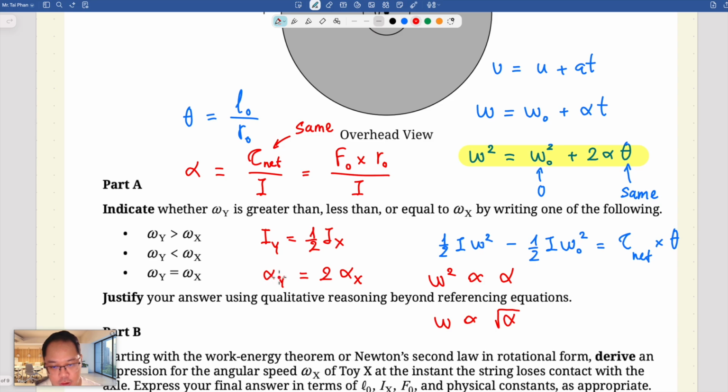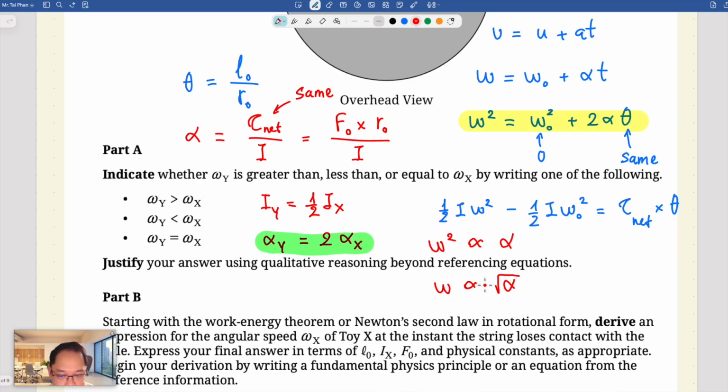The y has a greater acceleration. Let me highlight this in a different color, blue, green. Okay, this one. The toy y has twice the acceleration. Therefore, the speed omega, the conclusion: the omega of y will be greater than omega of x. So this is the mathematical derivation of the answer.